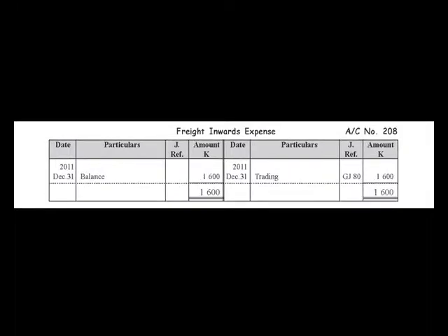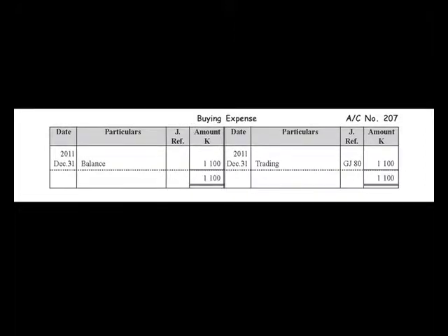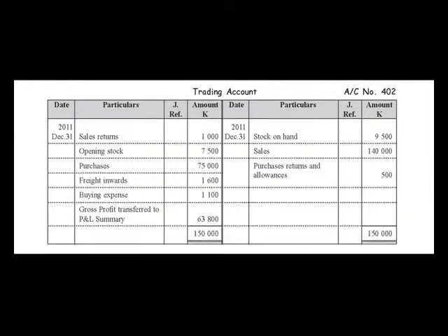Freight inwards expense, debit balance of 1,600, then transferred to the trading account. Buying expenses, 1,100 is the annual total, transferred to the trading account. So this is the trading account finally.